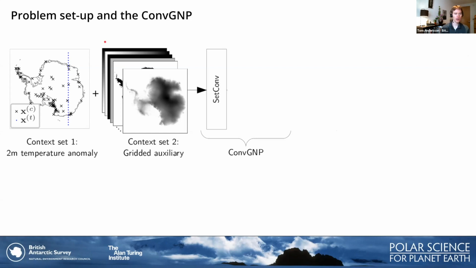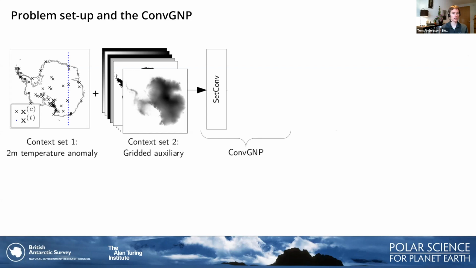So the way the ConvGNP works to achieve this task is by essentially first fusing these multiple data streams into a single representation, a single cube of data, essentially. And it does this using what's known as a setconv layer. And this is a real novelty of the ConvGNP.